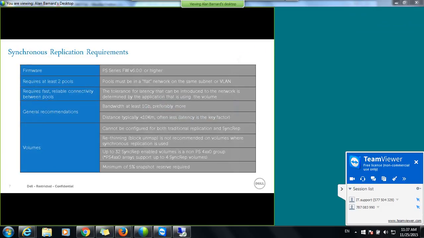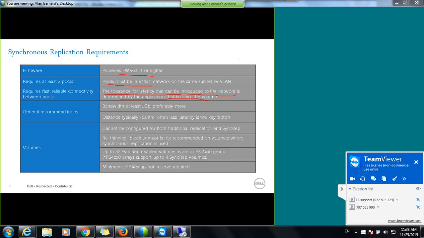So these are the requirements, as I mentioned. It's firmware version 6. Pools must be in a flat network, so you cannot have a routed network. This is what I said earlier. Latency. Okay. The bandwidth at least 1 gig.